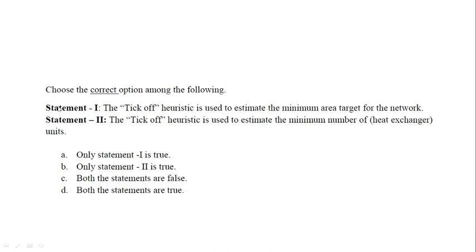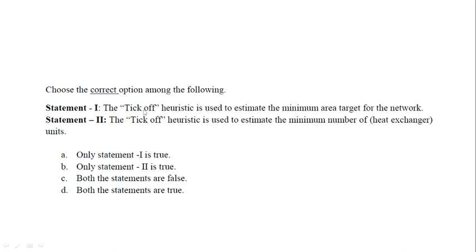Next question, choose the correct option among the following. Statement 1, the tick of heuristic is used to estimate the minimum area target for the network.